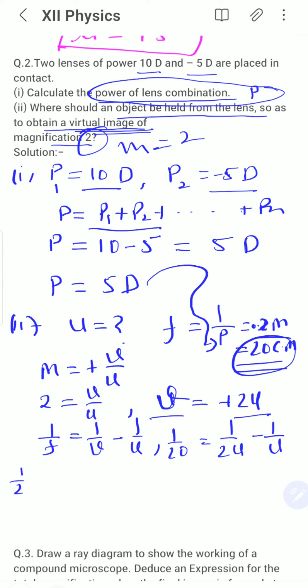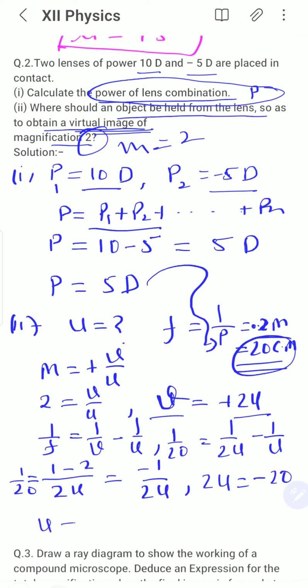So 1 upon 20 is equal to, LCM 2u, and in the numerator, 1 minus 2, so that value will be minus 1 upon 2u equal to 1 upon 20. By cross multiplying, we get 2u is equal to minus 20. So u is minus 10 centimeter, which is our answer.